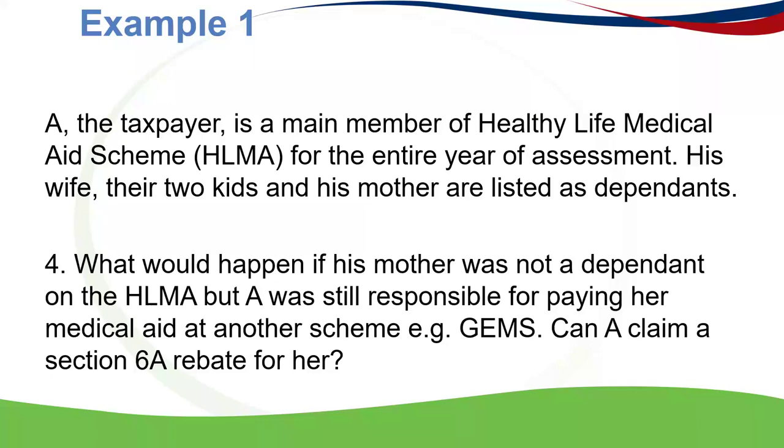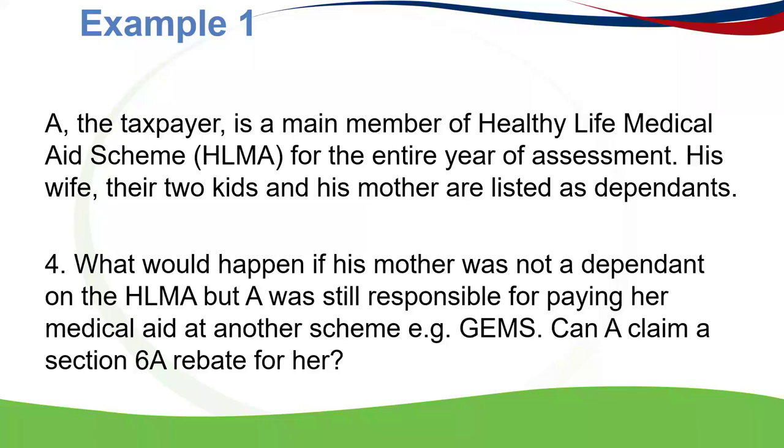Can the taxpayer claim a Section 6A rebate on the mother's behalf? And the answer is yes, because the taxpayer is the one who's making the contribution. It doesn't matter to how many medical schemes the taxpayer is making the contribution to. As long as they make a contribution, then they will be entitled to the Section 6A rebate.